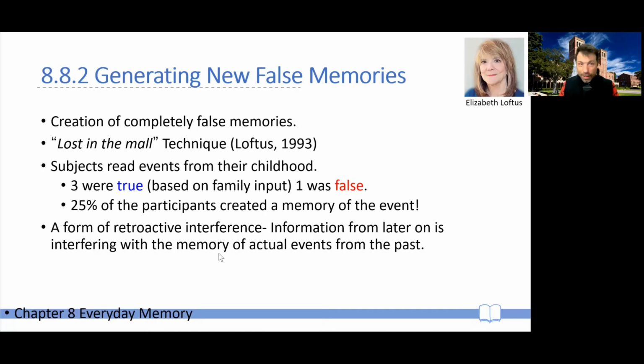So again, this lost in the mall technique has been used many other times now to show that even just the suggestion of an event and our imagination can lead us not just to alter what we know and what we remember, but to actually entirely make up a new memory. And of course, you can imagine the obvious ramifications of this. It's a very difficult problem.